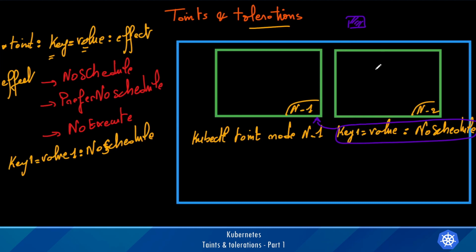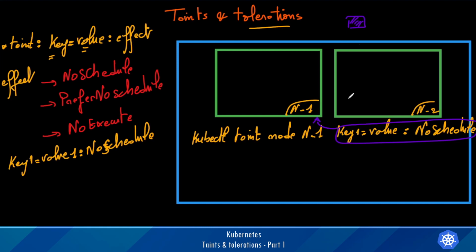But if it tolerates this taint, now the pod can be scheduled on the first worker node or the second worker node. A very important thing that we have to know here is that if the pod tolerates this taint, we allow it to be scheduled on the first worker node, but we don't guarantee that it will be scheduled there. If the pod doesn't tolerate this taint, it can't be scheduled on the first worker node.